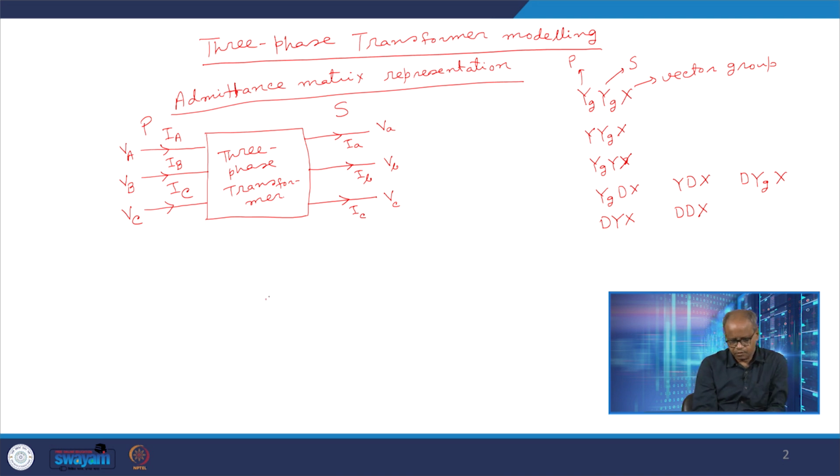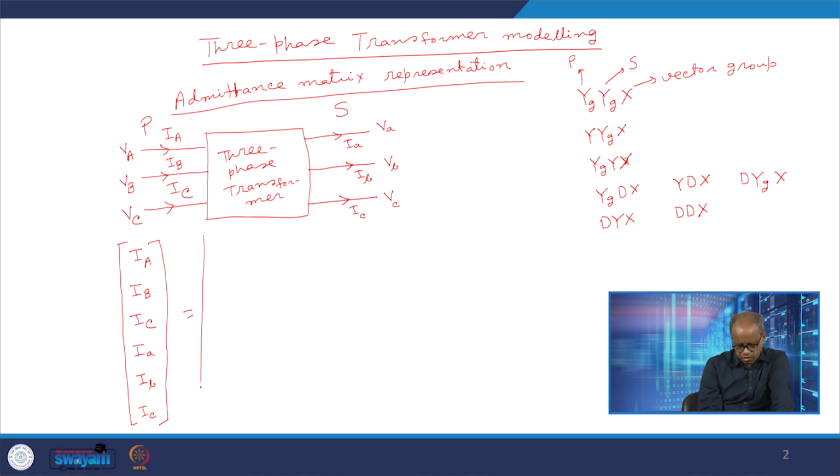Now, we wish to represent this transformer by this kind of relation. We wish to express all these 6 currents IA, IB, IC, and I small a, I small b, I small c. When we are talking about the admittance model, essentially we are talking about the representation of the currents in terms of the voltages.